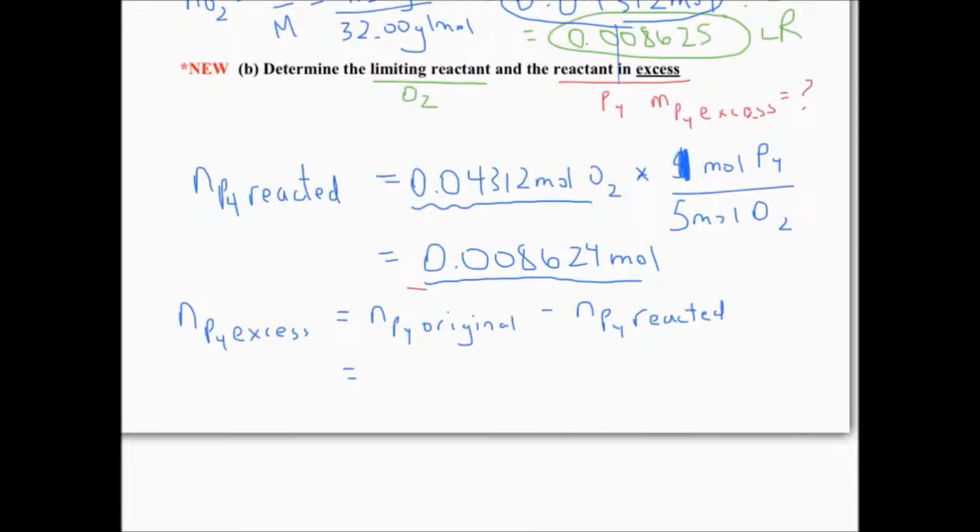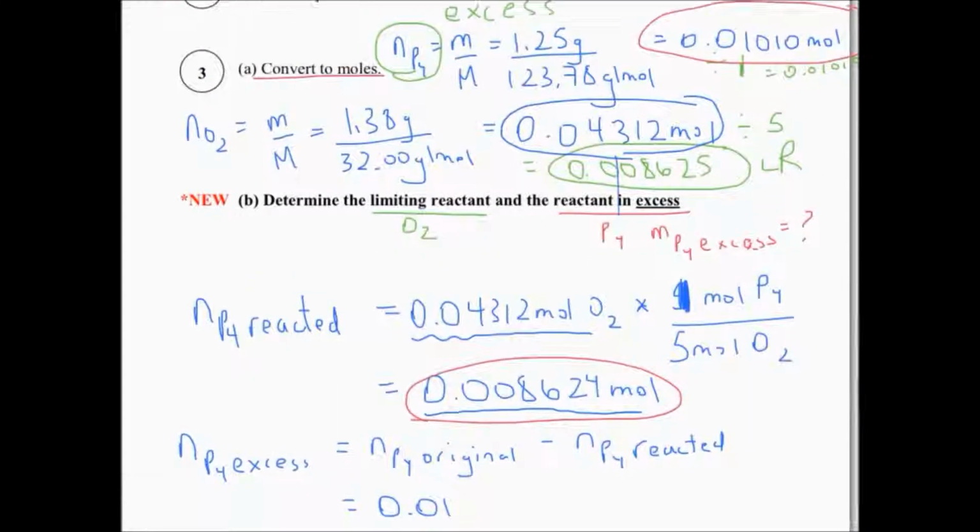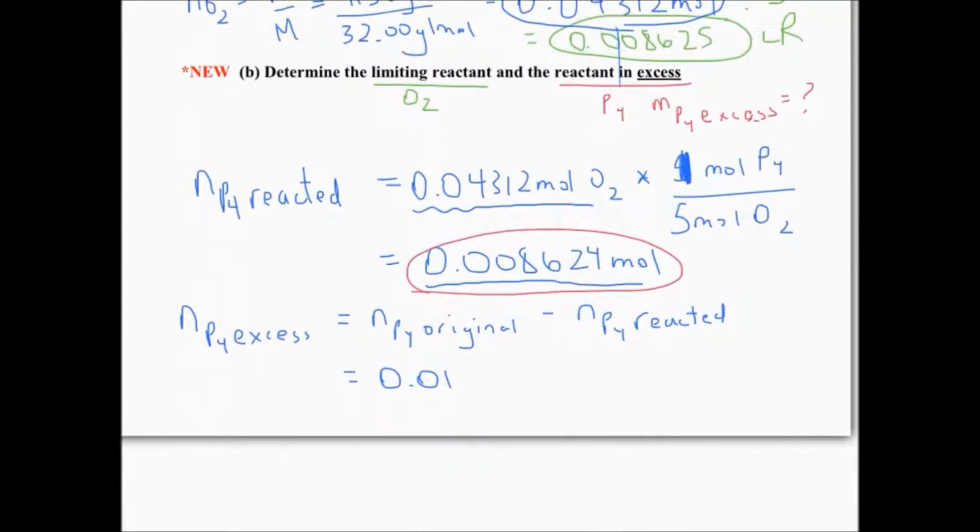We take the 0.01010 moles and subtract the 0.008624, and we get a value of 0.00148 moles.